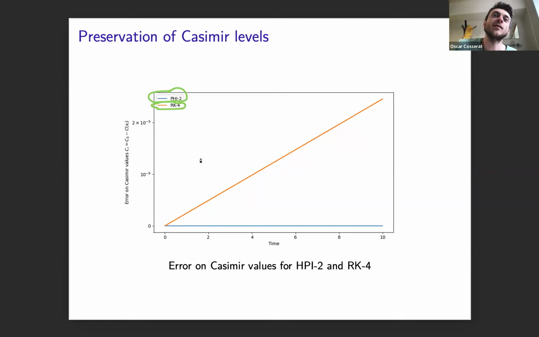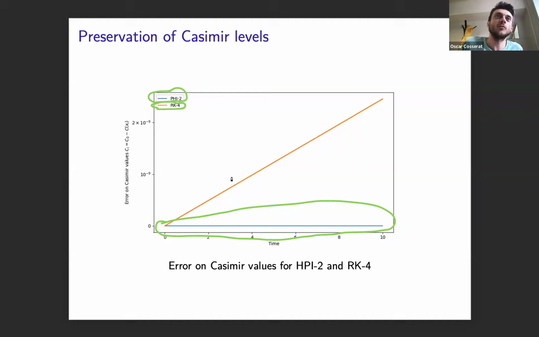So we see that the Hamiltonian Poisson integrator of order 2 completely preserves the Casimir, while the Runge-Kutta method runs away linearly in time. So what?